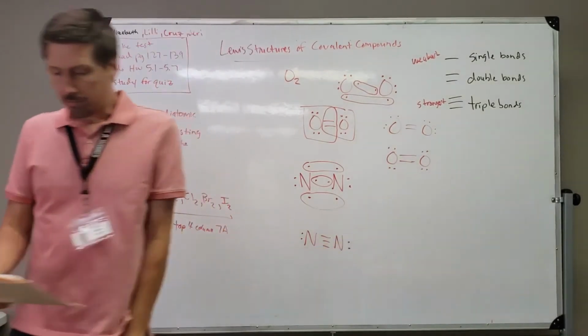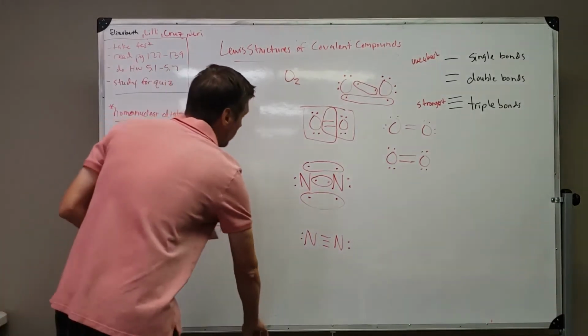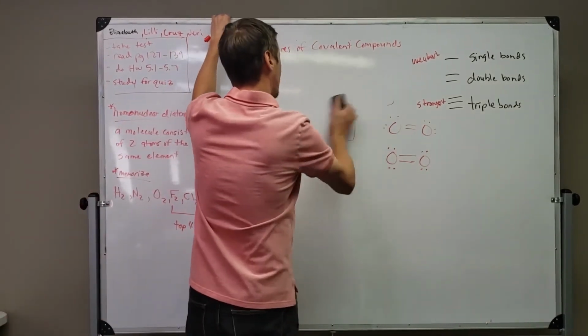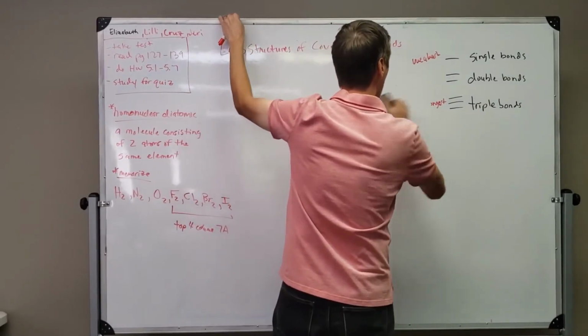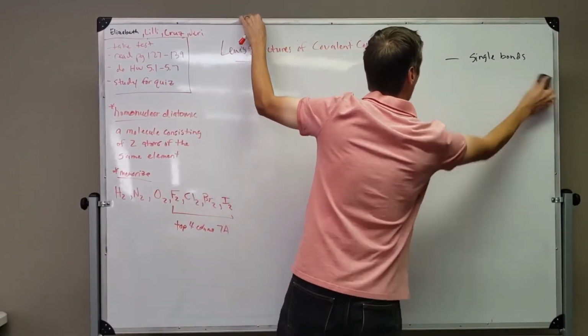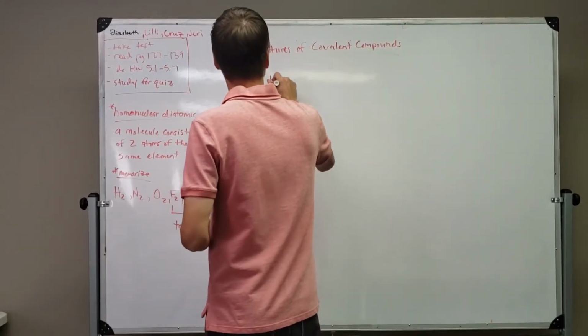So let's do an example. Page 133, example 5.2. An example that has a double bond in it, and that is the Lewis structure for, what's the compound? CH2O.